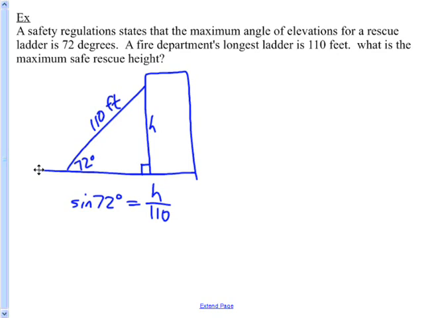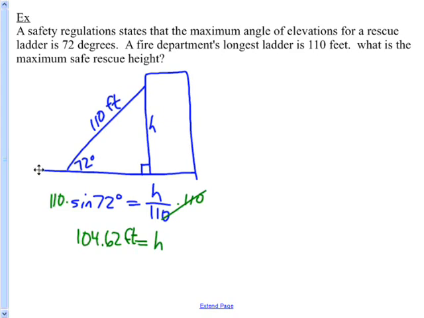Multiply both sides by 110, and there's your maximum safe rescue height: 110 times the sine of 72, which is 104.62 feet.